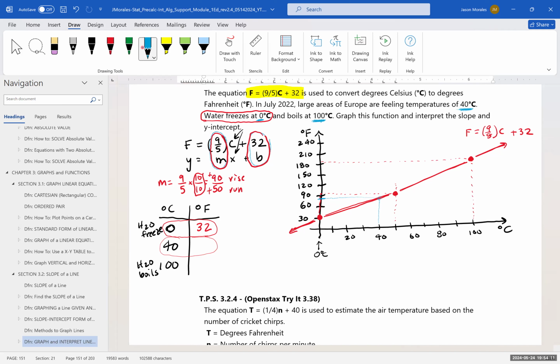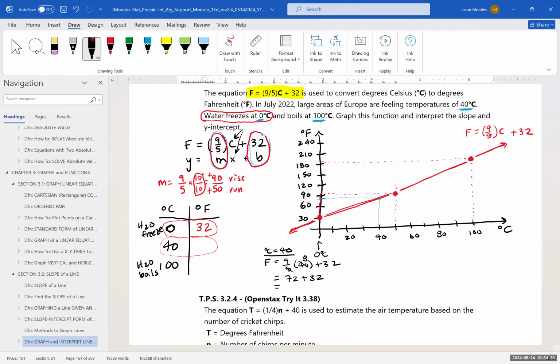But how do we calculate that exactly? Well, we plug 40 into our formula. So degrees C equals 40, and F equals 9/5 times 40 plus 32. 5 goes into 40 8 times. 9 times 8 is 72, plus 32.